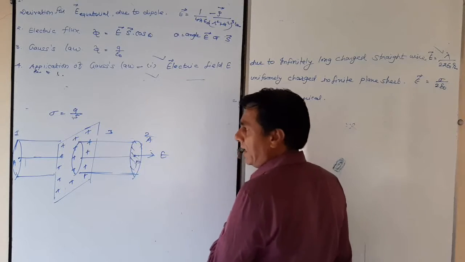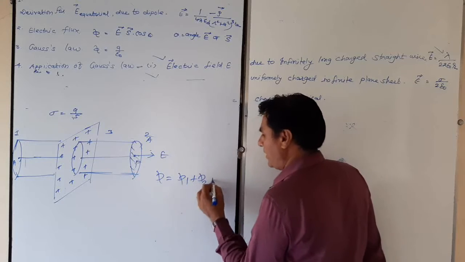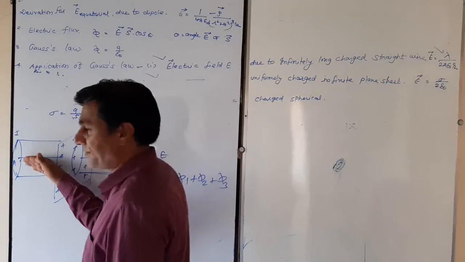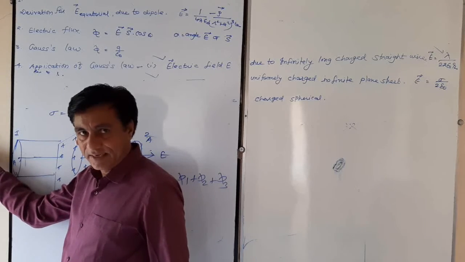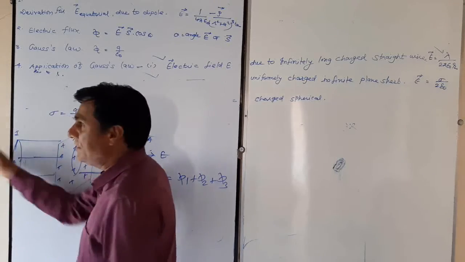So now by the definition of flux, the total flux phi is phi 1 plus phi 2 plus phi 3. Phi 1: it is vector E and it is dS.